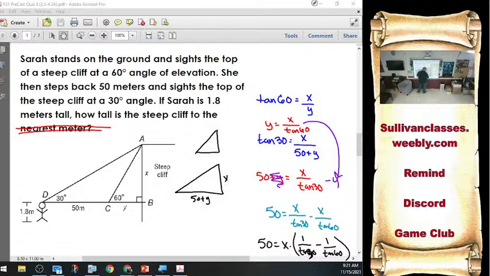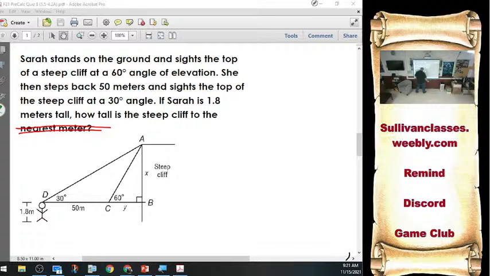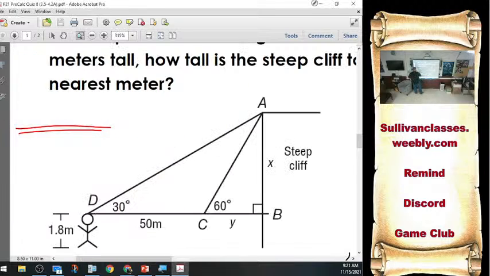Now in this particular problem, there was an easier way, specifically because of the angle measures. Remember linear pairs? If this is 60, this is 120. If that's 120 and that's 30, then this is also 30, making it an isosceles triangle.